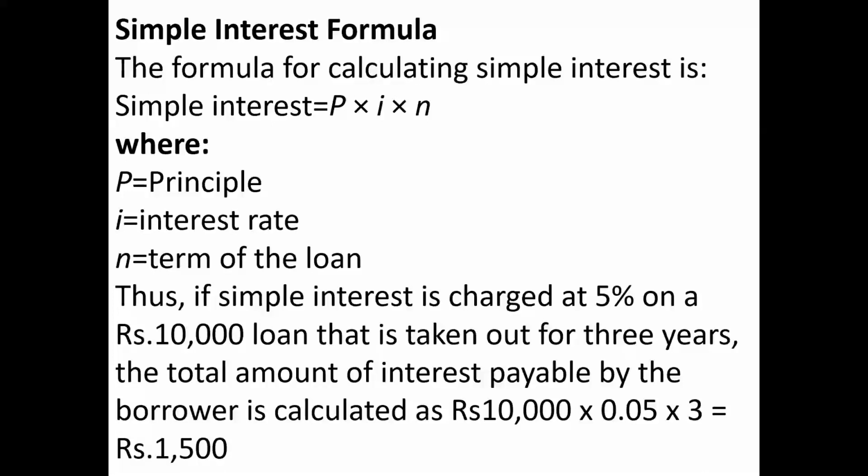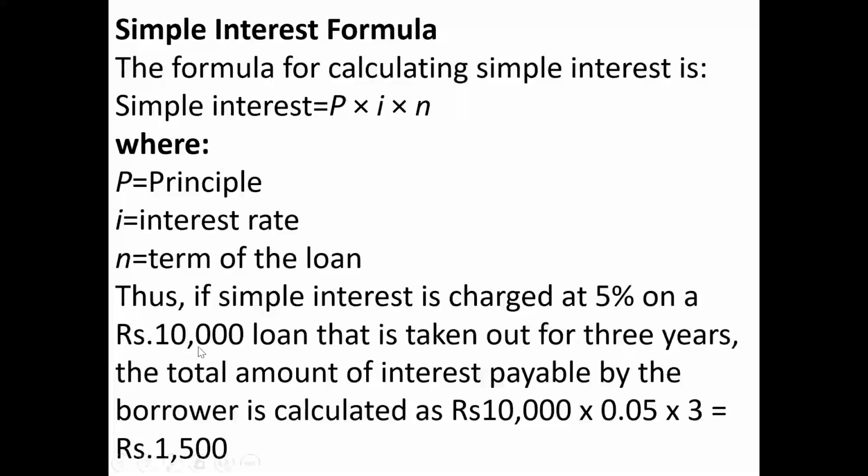Based on that formula, let's check how we can put the values in the formula. Already we have learned simple interest, that is PNR or PIN. I is the rate of interest, P is the principal, and N is the term of loan.